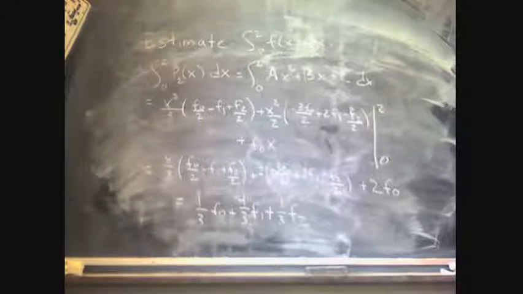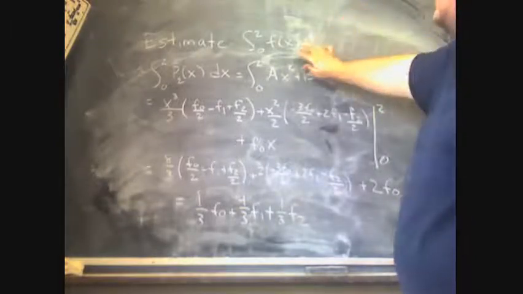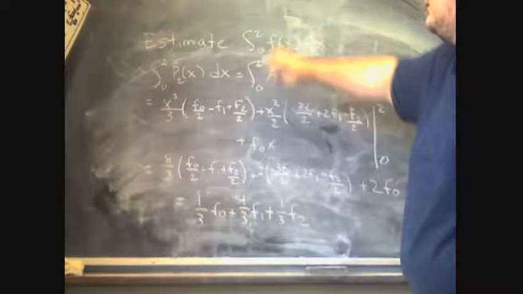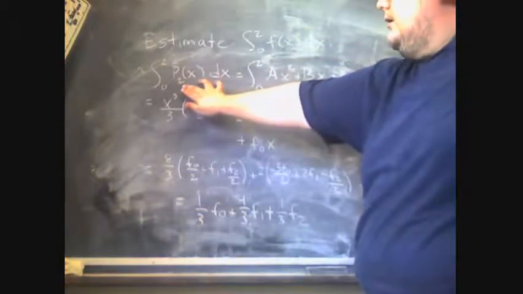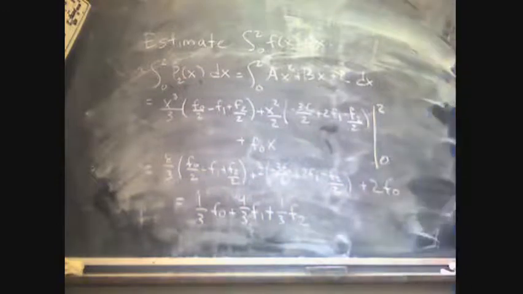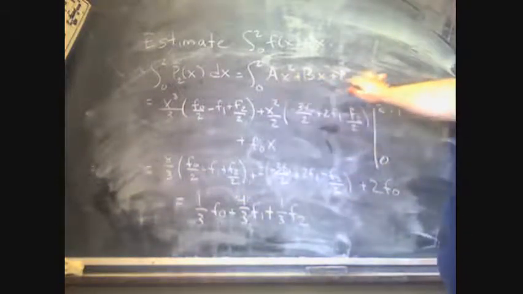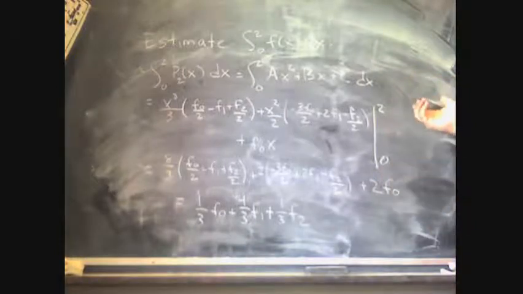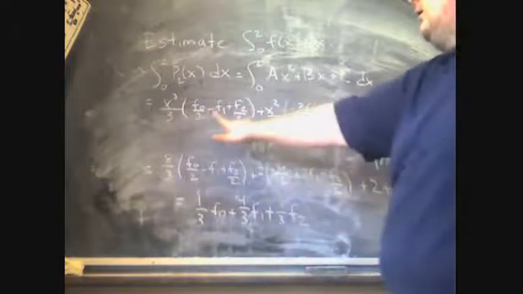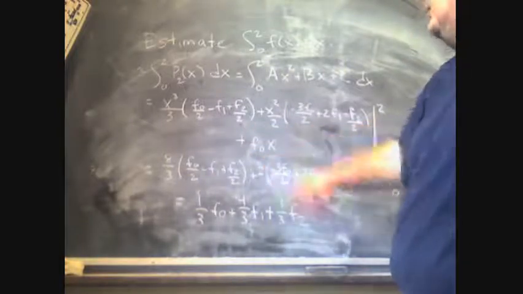So the first thing that we're asked to do is to estimate our integral of f(x) from 0 to 2. Obviously we don't know f(x), so that's why we have to use our second degree polynomial as our estimate. So again, we just do our term-wise integration. We know all the coefficients already, those were our coefficients in front.